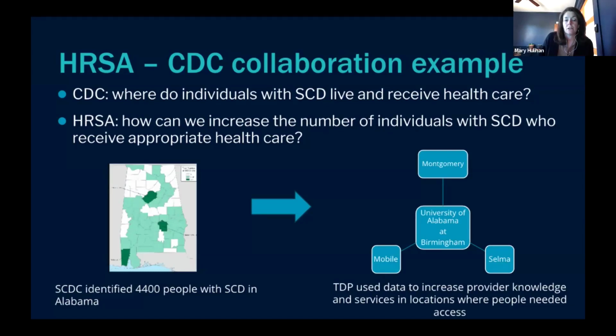So the idea here is that UAB Birmingham, again, the grantee, connects with providers and service locations in Mobile, Montgomery, Selma, through their HRSA-funded efforts to create this network of education, communication, and information, with the intended result being that more people living in those parts of the state where the highest numbers are can have access to appropriate healthcare in areas where they live and work.